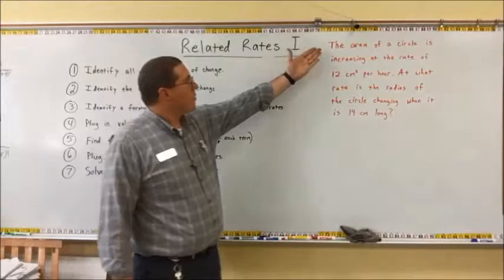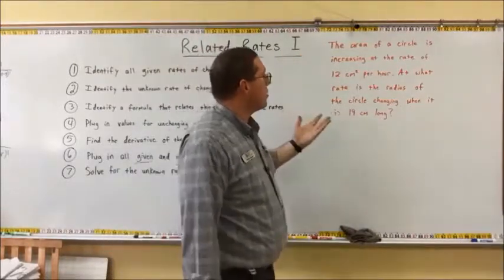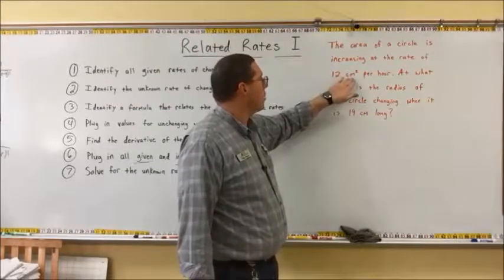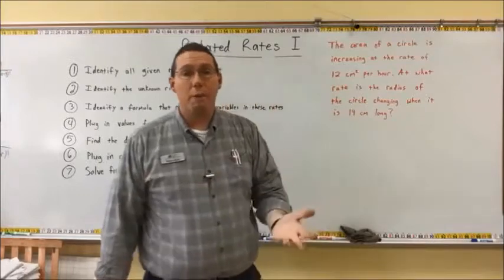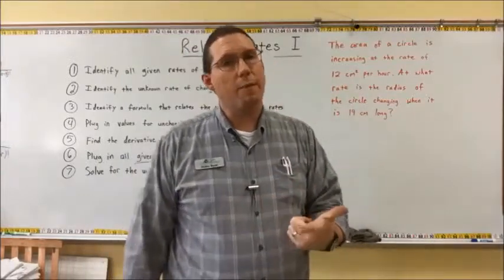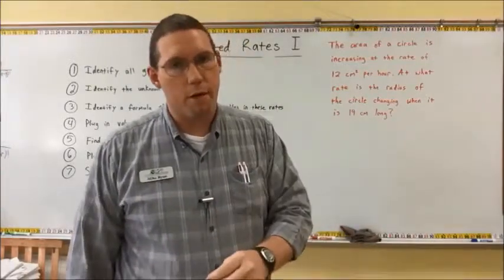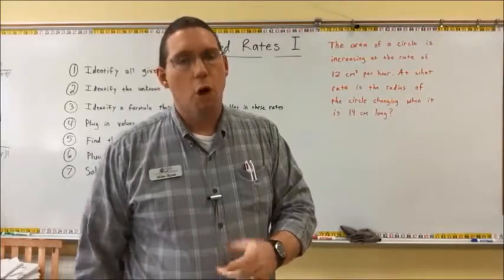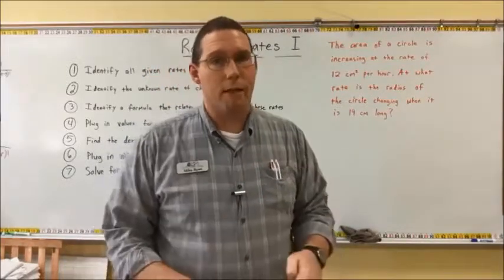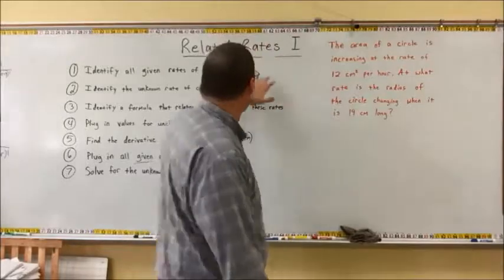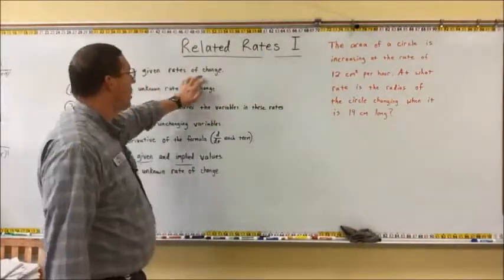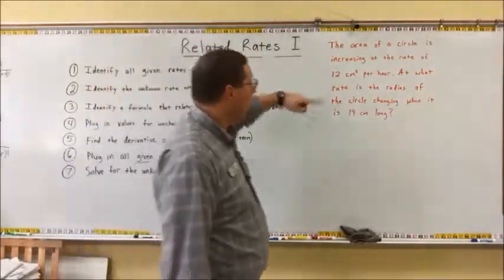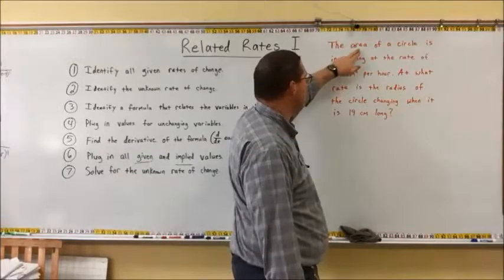We've got the area of a circle is increasing at the rate of 12 square centimeters per hour. So now we're given another circle, but this time instead of telling us that the radius is changing at a particular rate, we're being told that the area is changing. So it says identify all given rates of change. Well, our given rate of change is a rate of change in the area.